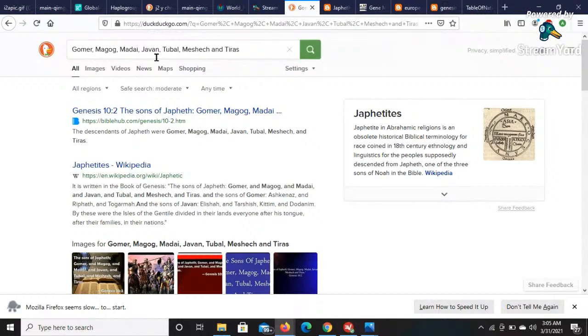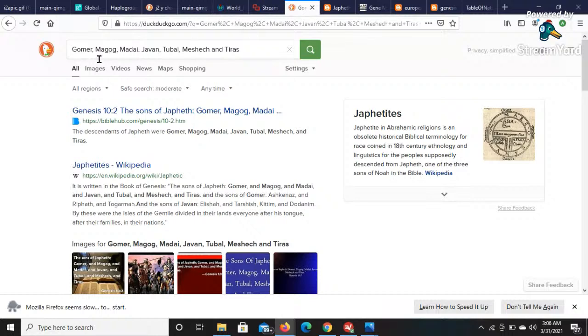Tiras, Javan, Tubal, and Meshach probably survived. Gomer, Magog, Madai.